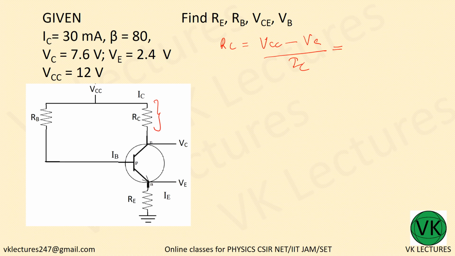VCC is given to be 12 volt. 12 minus VC, which is 7.6, divided by IC, that is 30 milliamp. So 12 minus 7.6, that is 4.4 divided by 30 milliampere.